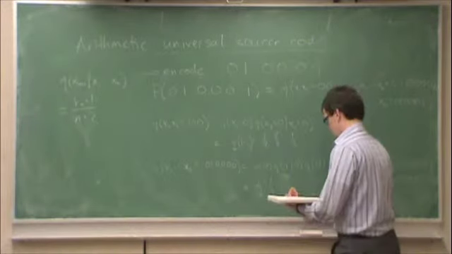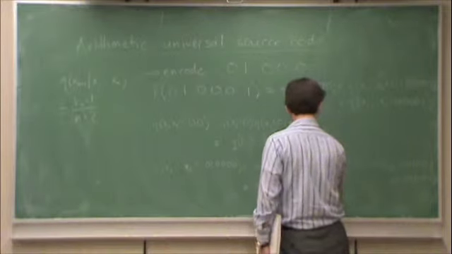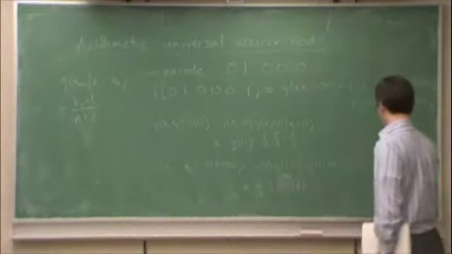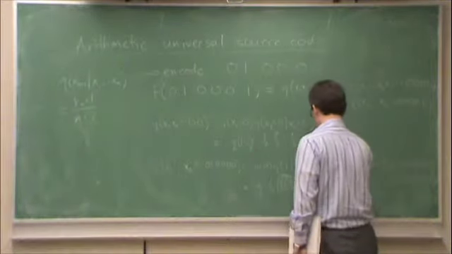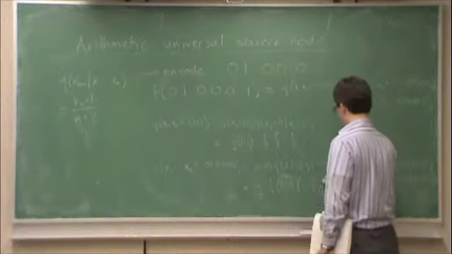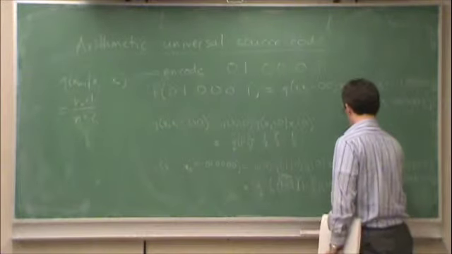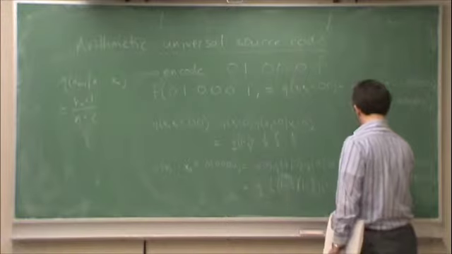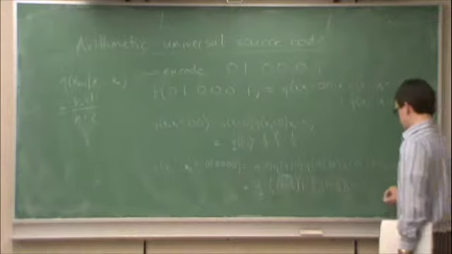It's 1 minus 2 over 4. 1 minus 2 over 5. 1 minus 2 over 6. 1 minus 2 over 7.